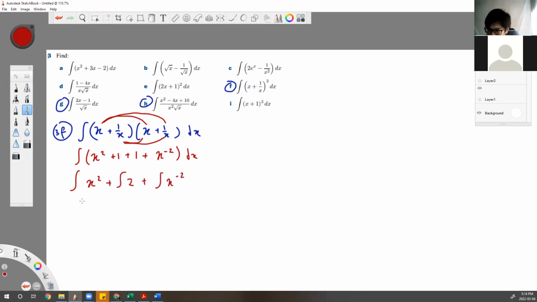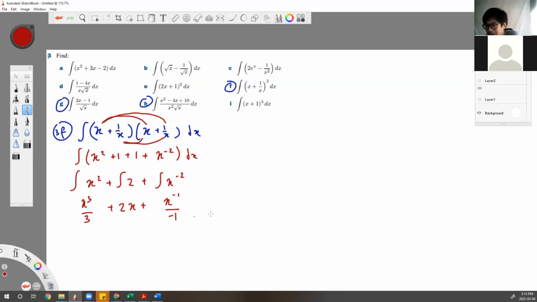So x squared becomes x cubed over 3. 2 becomes, actually this is x power 0, so 2 times x power 1 over 1, and it's 2x. If we have a constant like this, just a term, just put x, or put anything, put a. If it is dA, put a. If it is dx, 2x. Plus, be careful because this is negative. x power negative 2 plus 1 is negative 1, over negative 1, right?